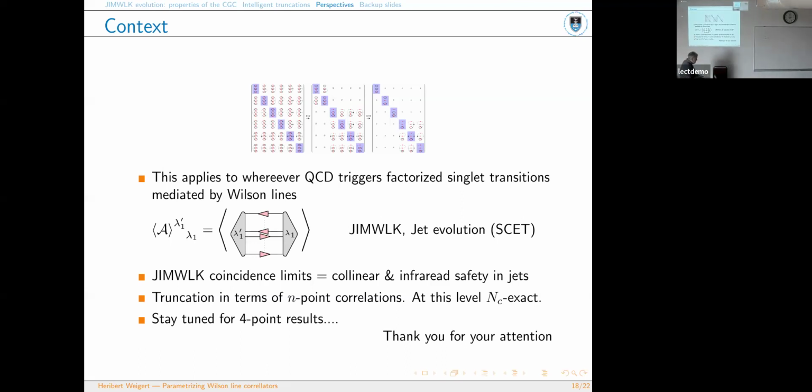Essentially, they are color rotated by the soft gluons that you don't see in the front. And there some of the game with the coincidence limits actually announces itself differently. There was a long story that I remember when people started talking about jet events at colliders. Fermilab did a lot of jet physics.